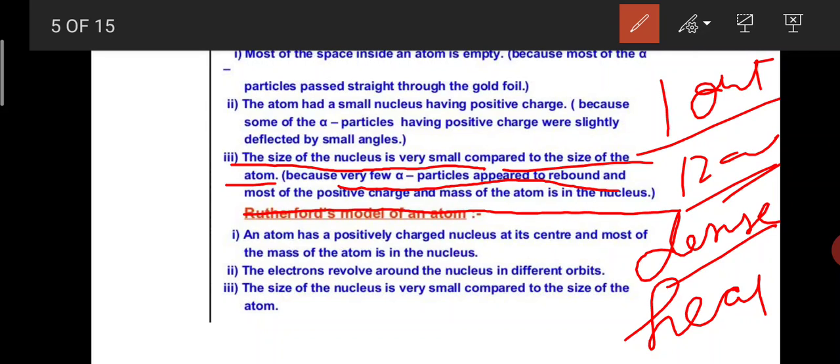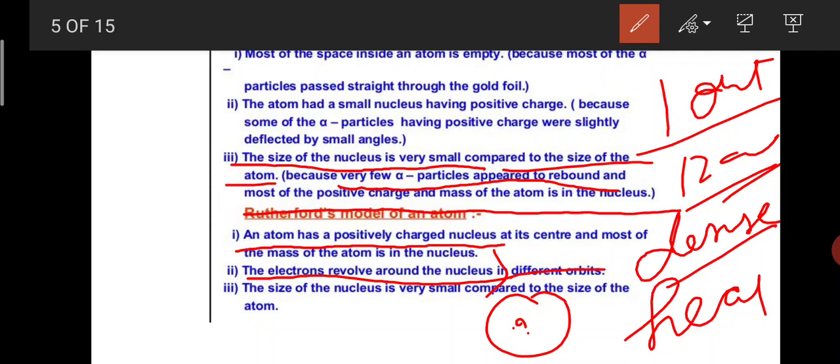And so, the Rutherford model of an atom, what was it? An atom has a positively charged nucleus in the center, and most of the mass of the atom is in the nucleus. Next, the electrons revolve around the nucleus.